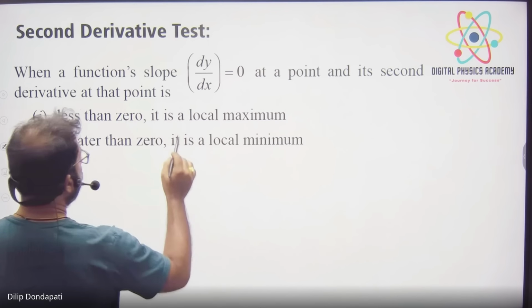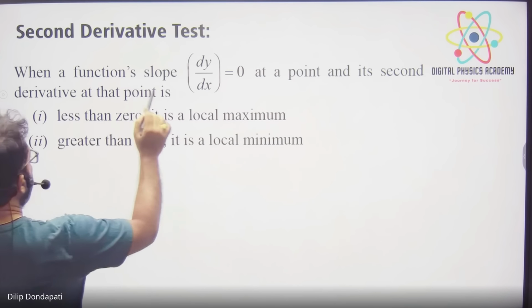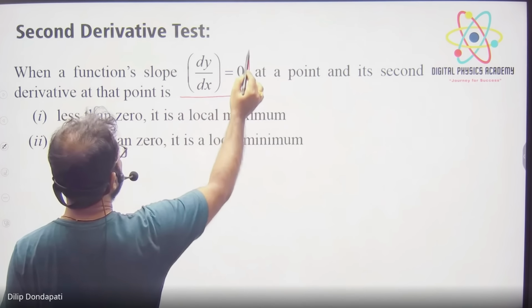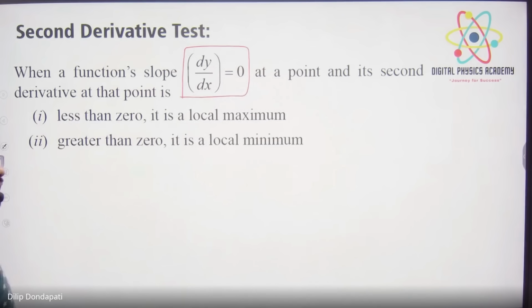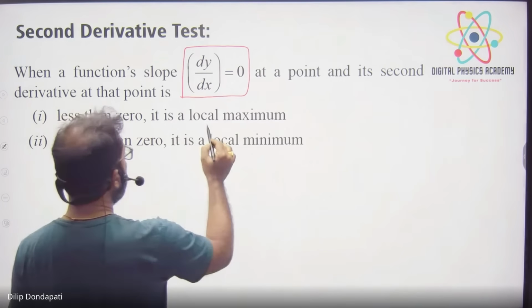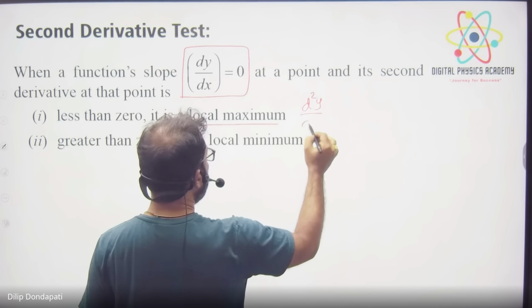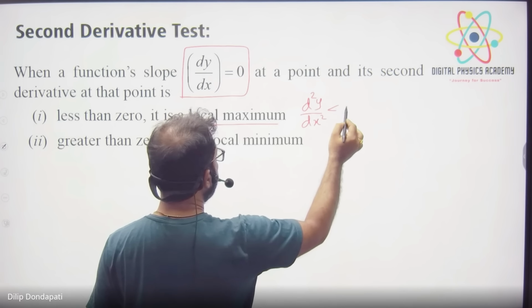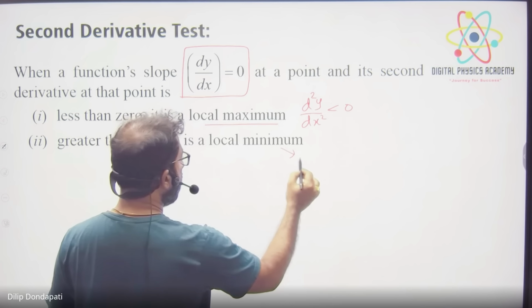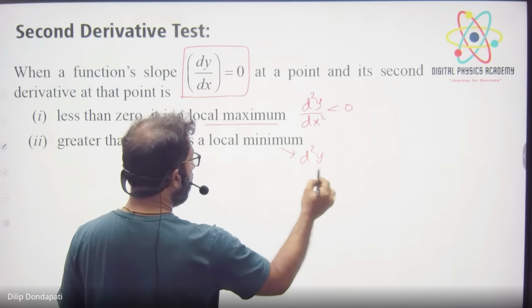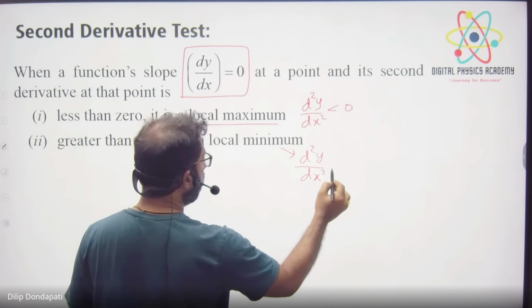Write this down, copy these two once. First, compulsorily we have to do dy by dx equals 0 to find a maximum or minimum. Second step, for a maximum point, d square y by dx square should be less than 0, and for a minimum, d square y by dx square should be greater than 0. This is called the second differentiation.